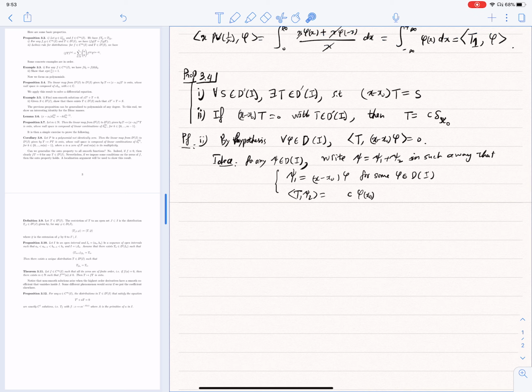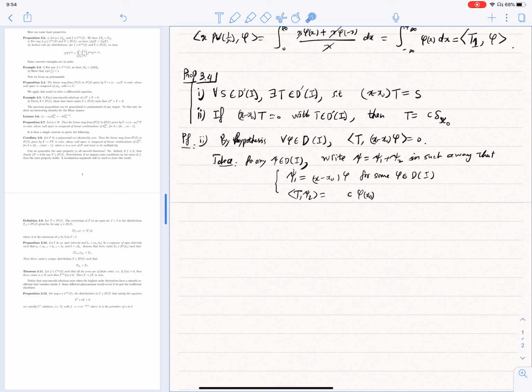If we can show that such a decomposition exists for any test function, then T applied to psi becomes T applied to psi 1 plus T applied to psi 2. And T applied to psi 1, because of this property of psi 1, will be 0, according to the hypothesis.